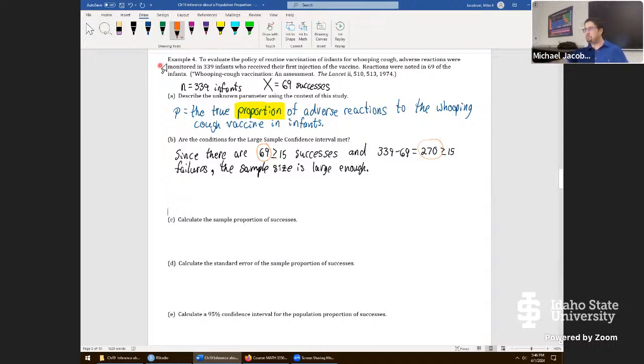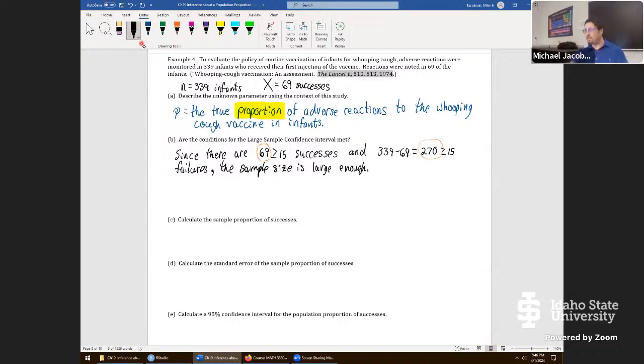Other things we can look at is we're looking for randomization, and it says 339 infants who received their first injection of the vaccine. No information about randomization at all, but this was a serious study published in The Lancet in 1974. I bet we could find out what their methods were to see if they did use randomization, but you never have to go that far in these kinds of problems.